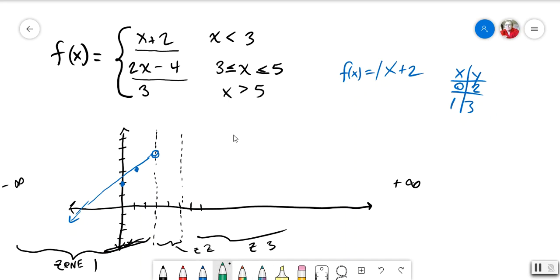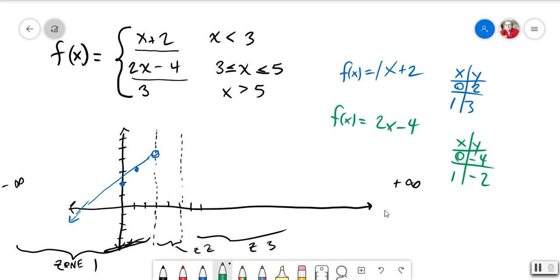So now I'm in zone 2. So now I've got a different rule, 2x minus 4. And I'm going to make my t-chart for that. X is 0, y is negative 4, x is 1, 1 times 2 is 2, 2 plus negative 4 is negative 2. Well, this is kind of tricky.